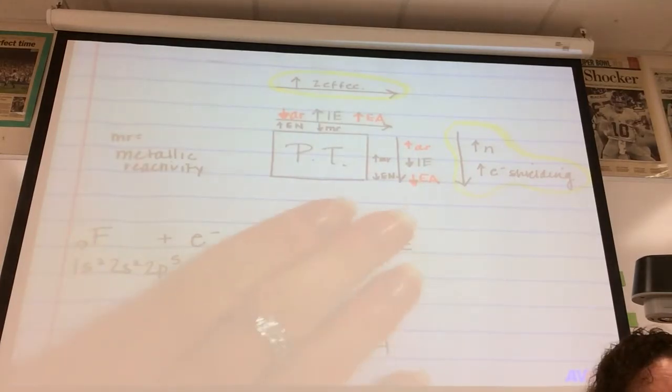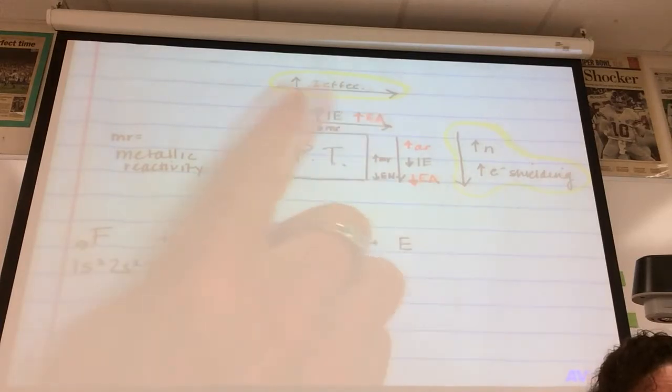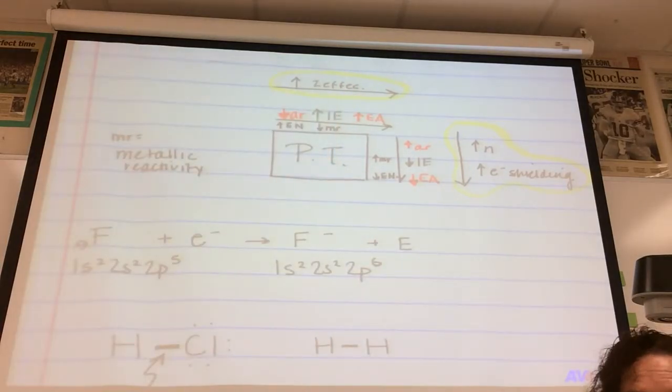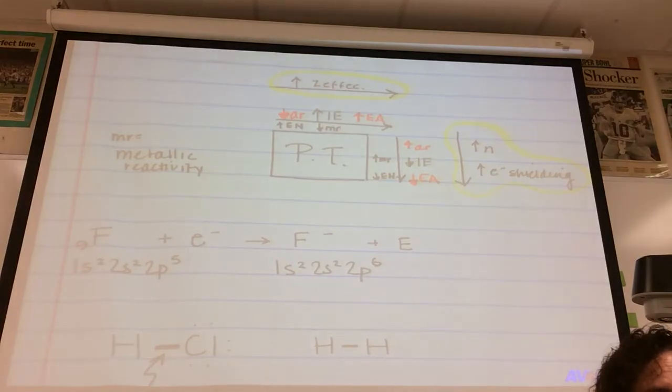Your explanation across a period, with an increase in the effective nuclear charge, what happens to those valence electrons? They get drawn to the nucleus more tightly, so the radius shrinks, the ionization energy increases, electron affinity increases.